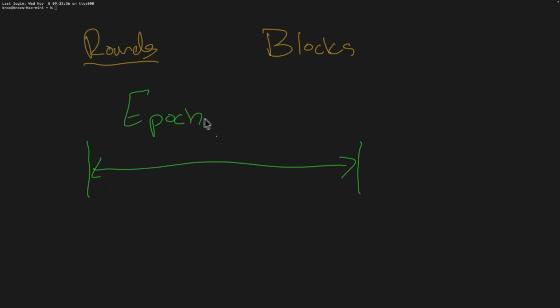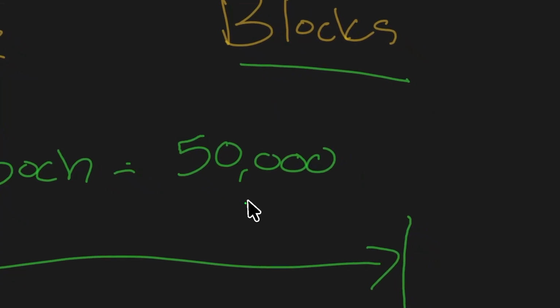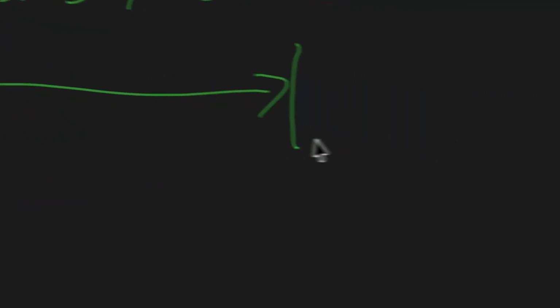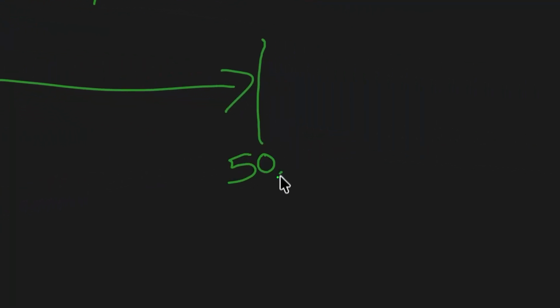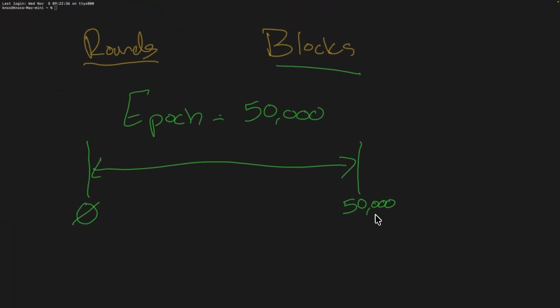On Monad, an epoch, and this is important, an epoch is 50,000 blocks, not rounds, blocks. So right here, we will start out on block 0, and the epoch ends when the 50,000th block has been created and put on the blockchain.